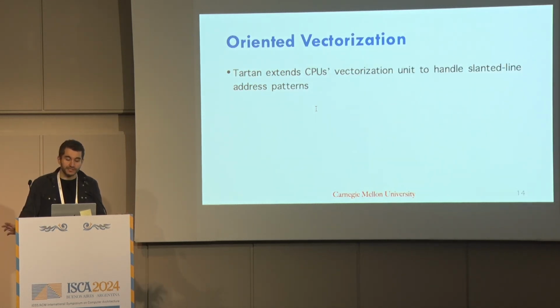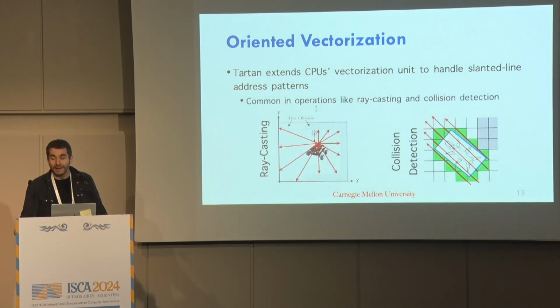The first technique that we introduce is oriented vectorization. Tartan extends current CPUs' vectorization unit to handle slanted line address patterns. These patterns are numerous in many dominant kernels like raycasting and collision detection.